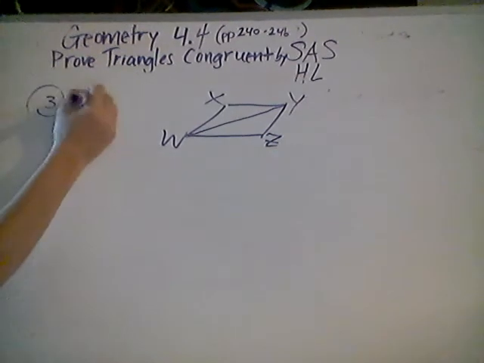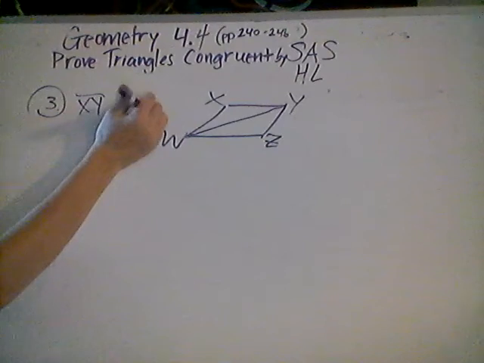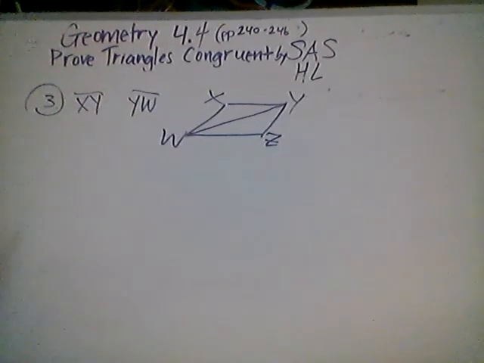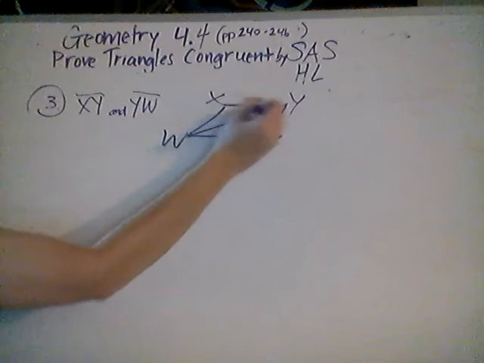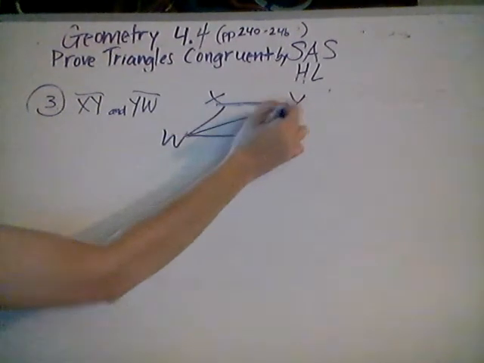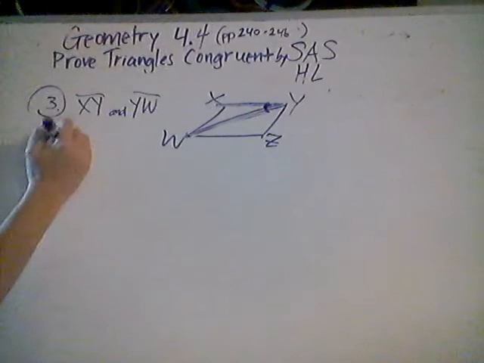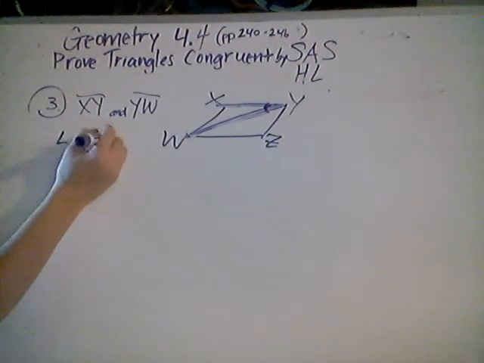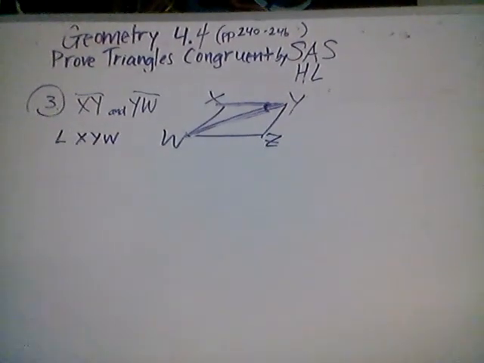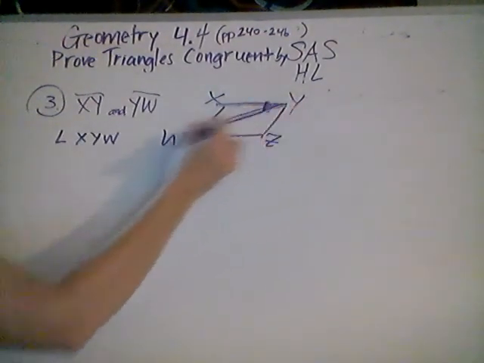On number 3 it gives you XY and YW. So let's find XY, that's here, and YW, that's here. So the included angle is angle XYW. This angle is the included angle for these two sides.